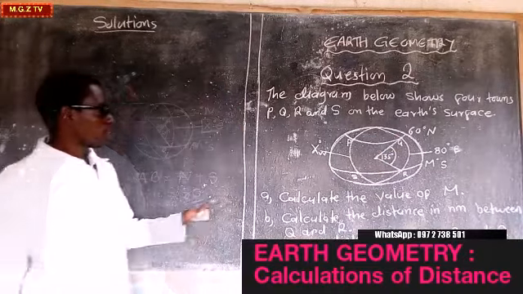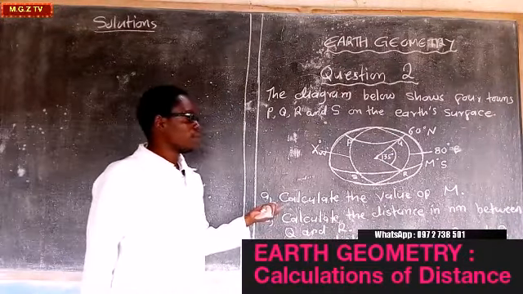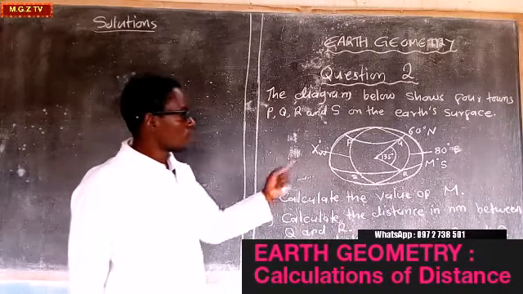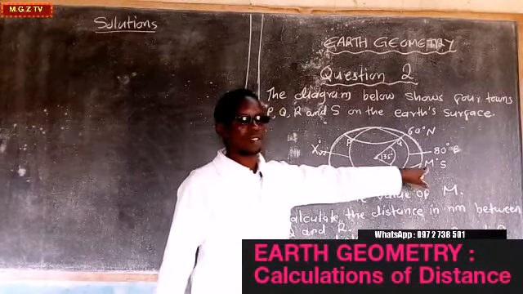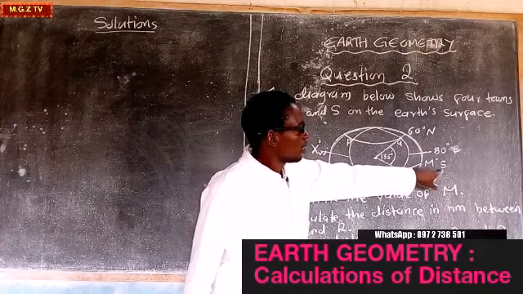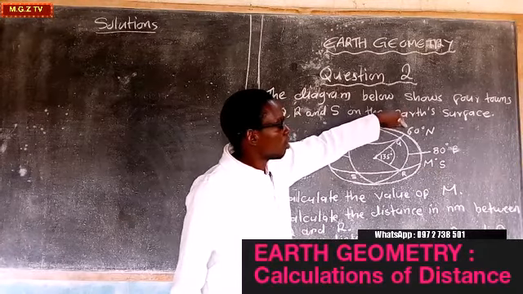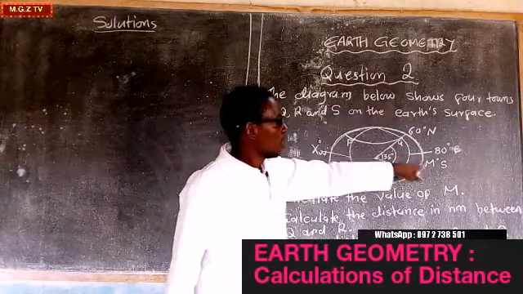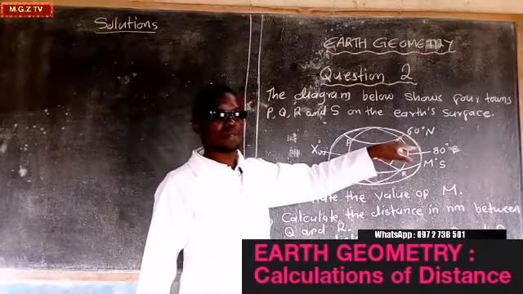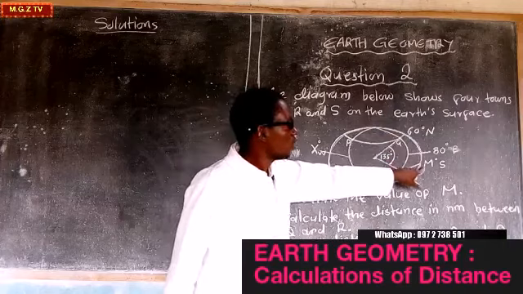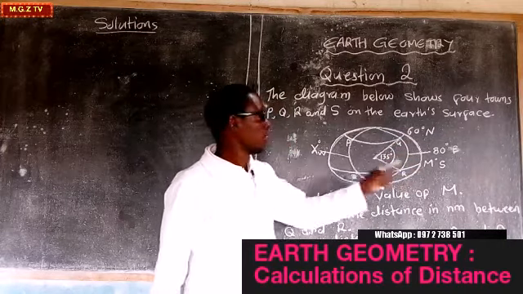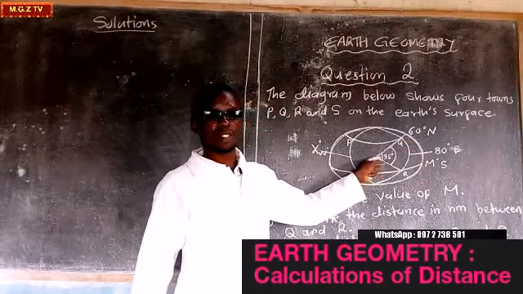The question says, calculate the value of m. We discover that m is to the south, then we have another one to the north. For m there is no value, but to the north there is a value. The two parts, when added or subtracted, this was the result.